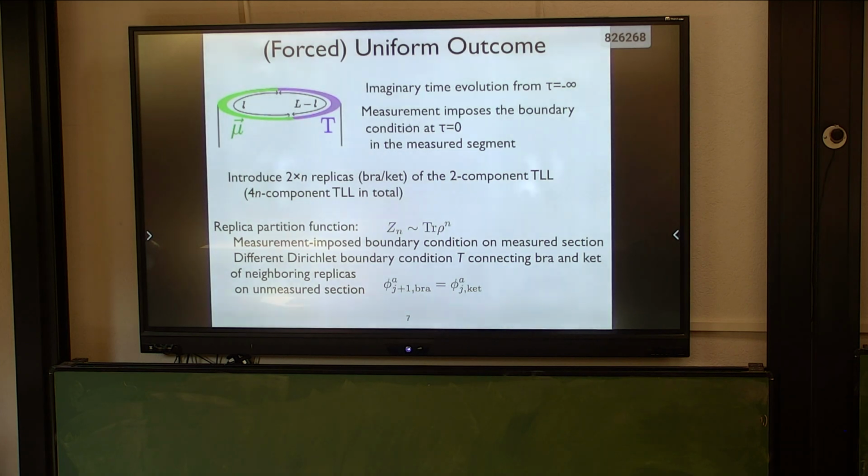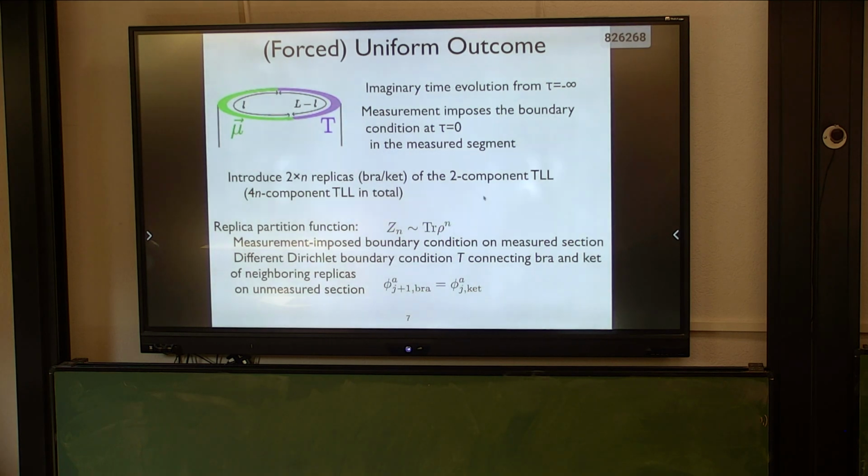Then after the imaginary time evolution, only the ground state survives. So if you consider the cut at tau equals 0, then what you get at this time slice is nothing but the ground state wave function.